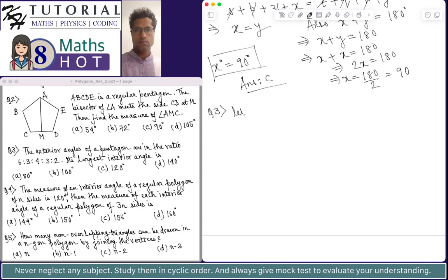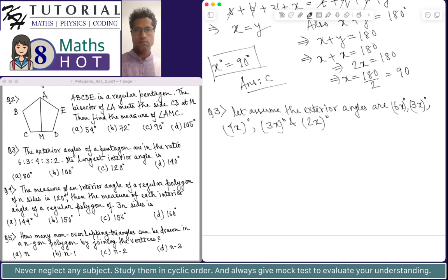So let us assume the exterior angles, based on the given ratio, are 6x degree, 3x degree, 4x degree, 3x degree and 2x degree.